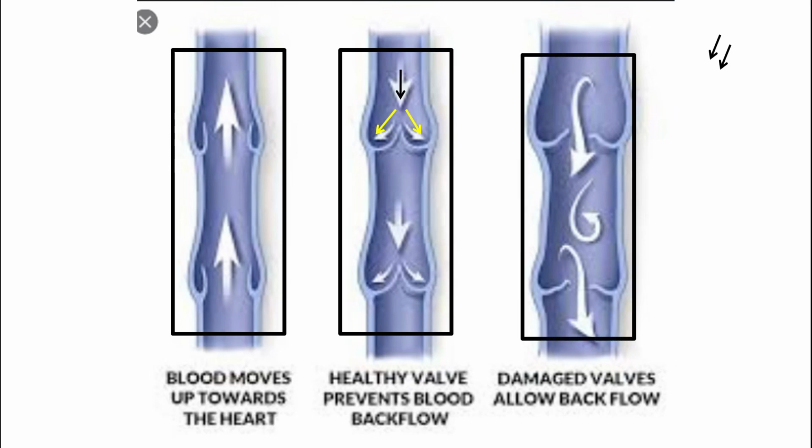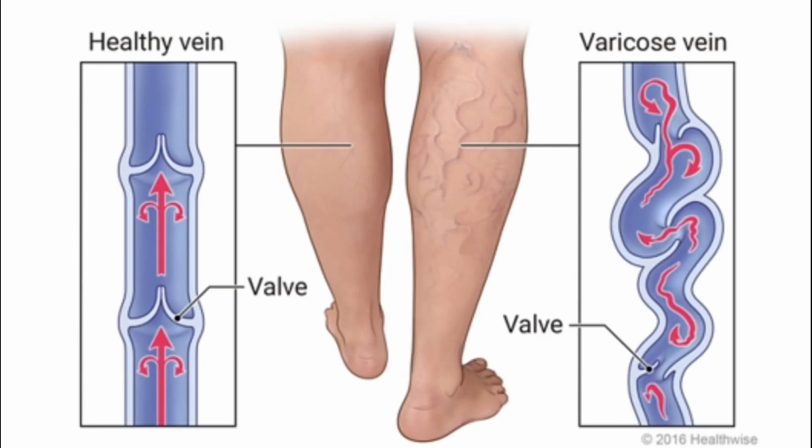Sometimes these valves are not functioning well for many reasons, and when the muscles are not contracting, the blood will come down. This is because the valves are not efficient because of diseases. When valves are alright, the veins are straight and nice.